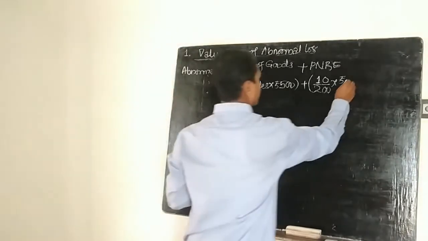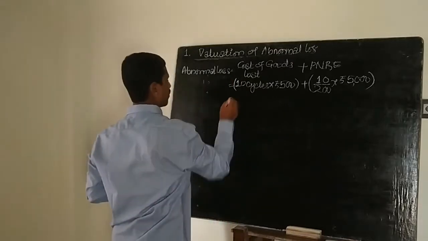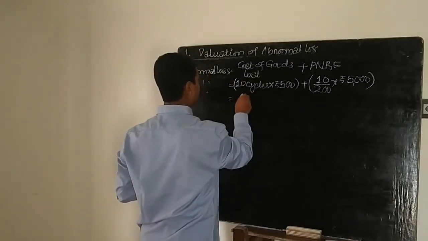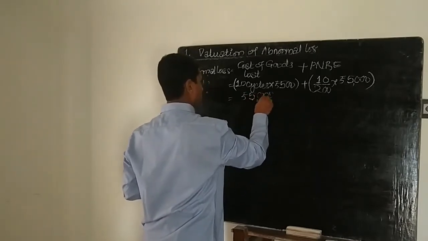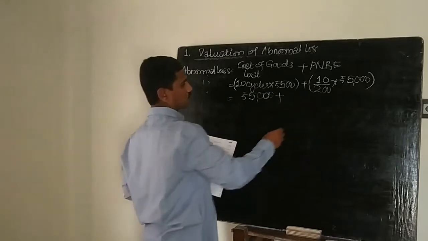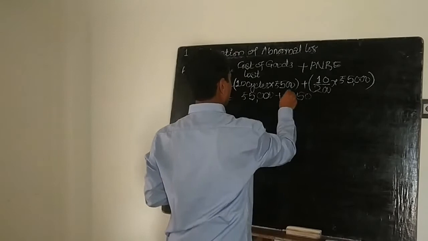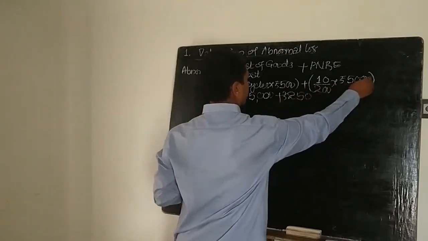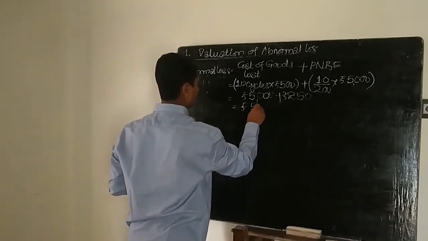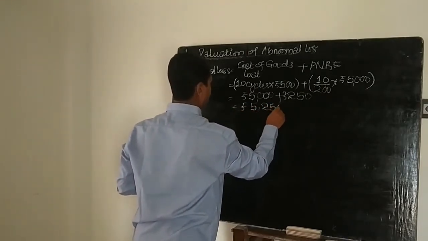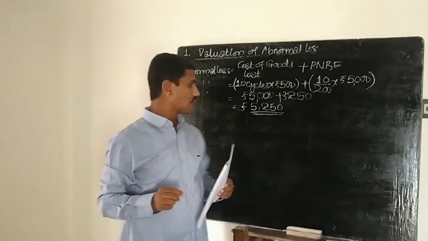So now let us simplify here. 10 into 500 gives rupees 5,000, plus 250 rupees here, as the two zeros get cancelled. So rupees 5,250 is the abnormal loss here.